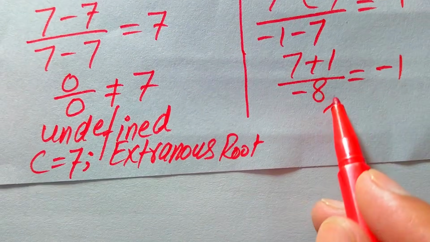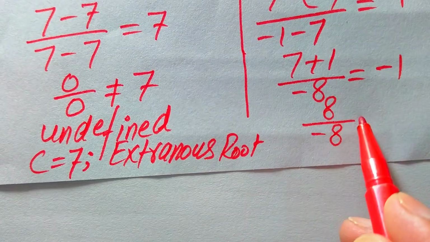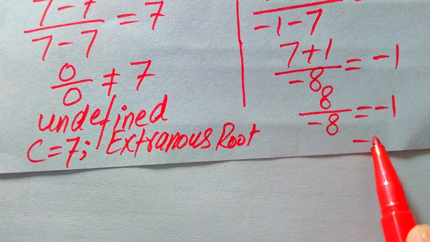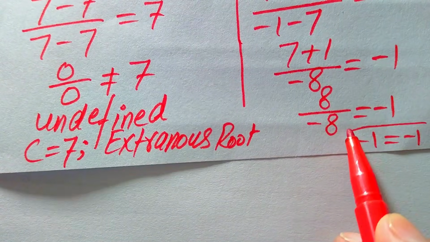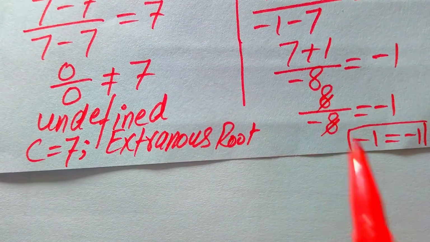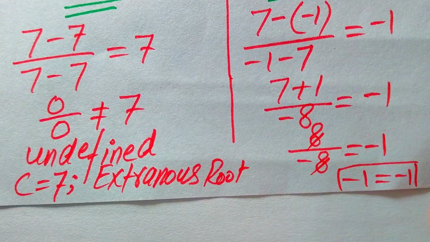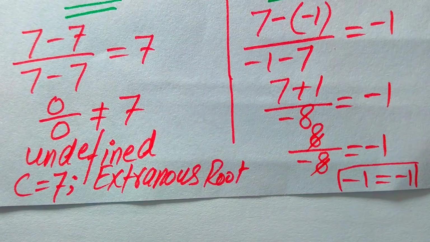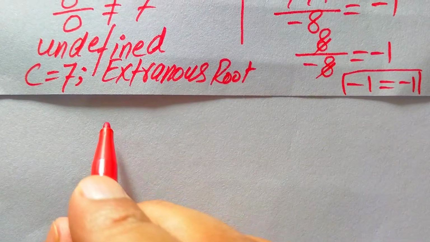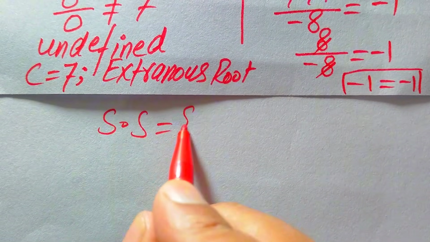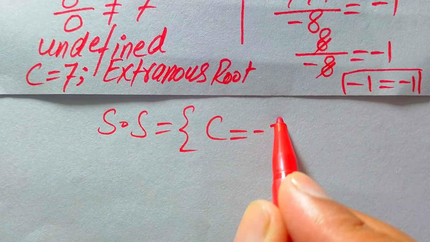So 7 + 1 becomes 8 over -8 equals -1, and we get -1 = -1 because these two cancel out each other. It means that the value c = -1 satisfies our given question statement. So we finally conclude that the solution set of the given question is c = -1.